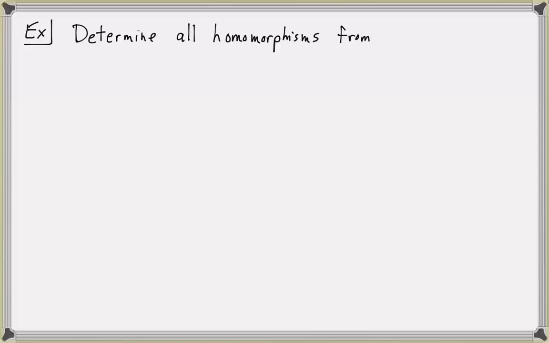Next, we present some examples that illustrate the properties that we just proved. So first, let's look at this problem where we determine all the homomorphisms from the integers mod 12 to the set of integers mod 30.